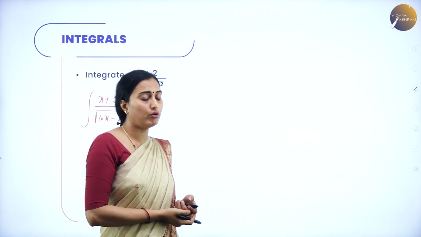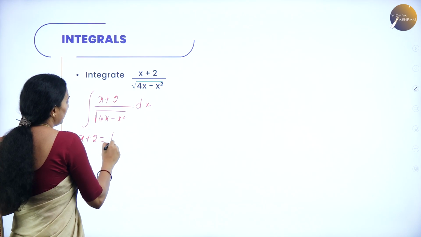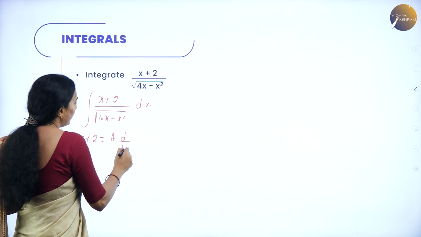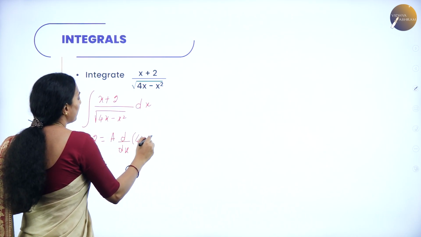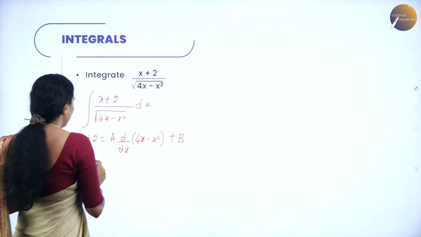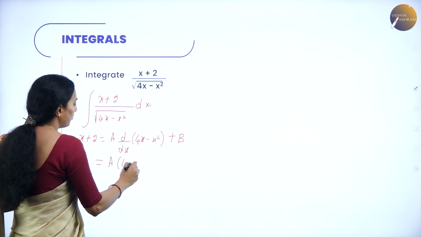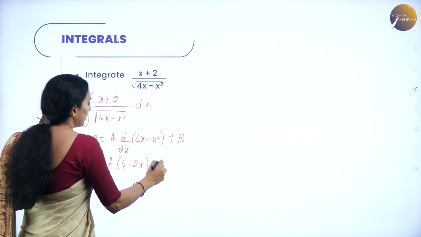It is not. Therefore, writing the numerator x plus 2 as a into d by dx of the denominator, that is 4x minus x squared, not under the root you are taking, plus b. Now you are getting x plus 2 is equal to a into 4 minus 2x, isn't it, plus b.